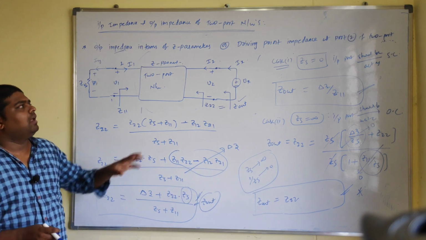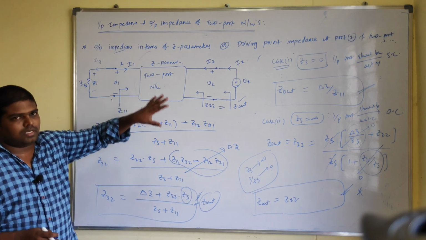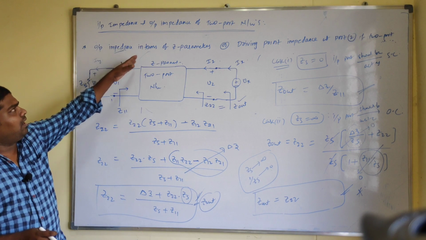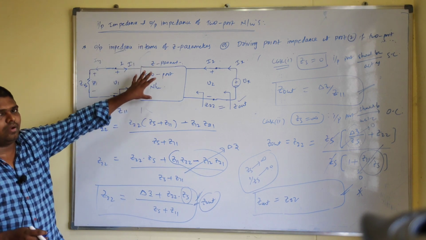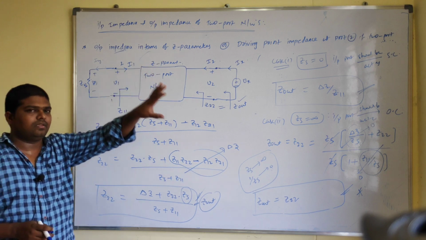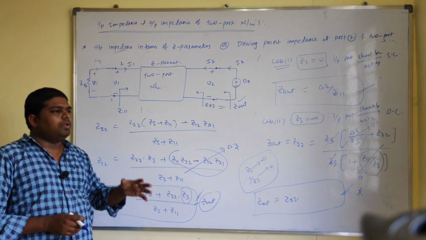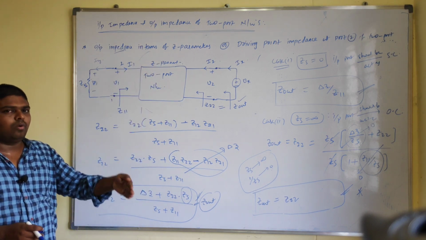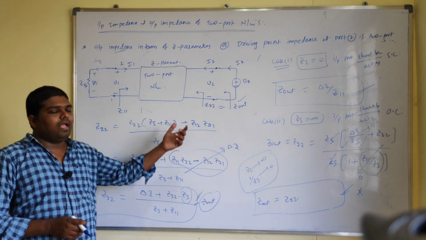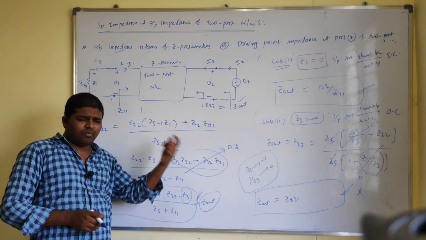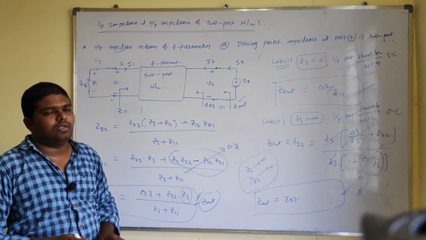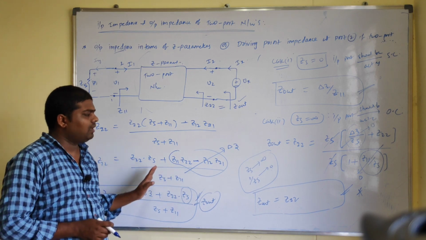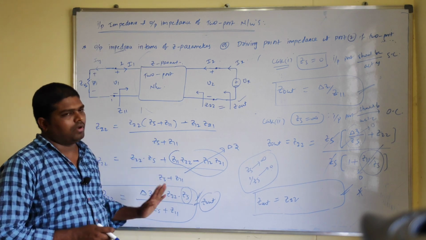Take the two-port network configuration as it is, whatever two-port network structure I have considered, and in the same way you can evaluate the input and output impedance with the help of Y, G, H, transmission and inverse transmission parameters. So that is the assignment for you, right? The same procedure you have to follow.